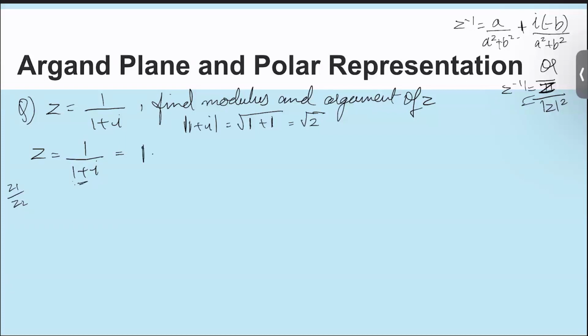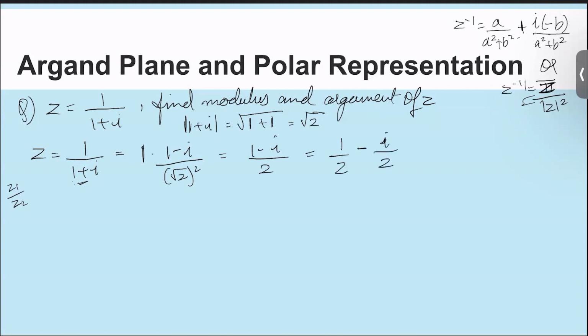Now you can write this as the conjugate of 1 plus i, that is 1 minus i upon root 2 squared. So you have 1 minus i upon 2. So you will get this as 1 upon 2 minus i upon 2.